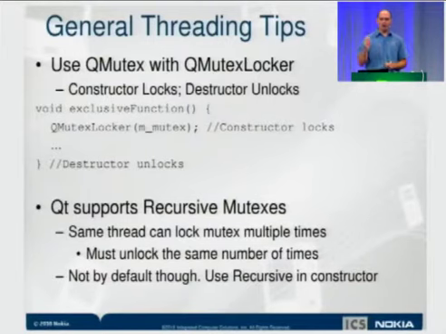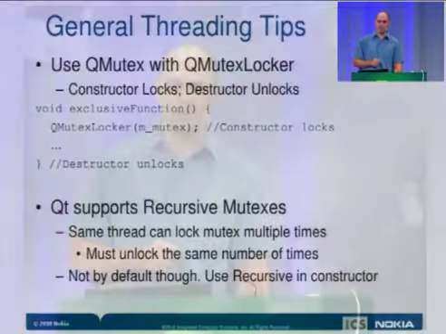Also, Qt supports an interesting feature called recursive mutexes. Sometimes, if you want to have your functions very short and clearly defined, you're going to need one function to lock a mutex because it wants to change some data, but it also has to call another function, which also locks the mutex, because it also needs to change data.